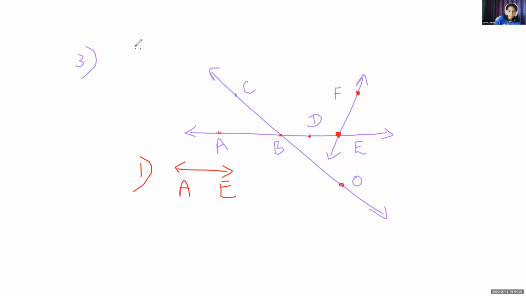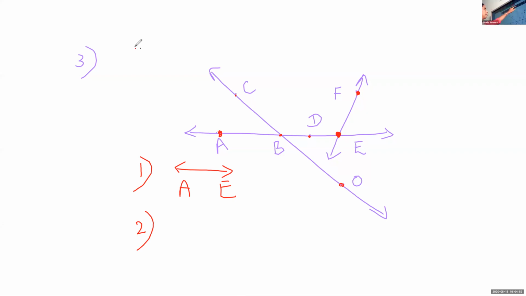Next, second question is: the line passing through A. Where is A there? This. Which is the line passing through A?